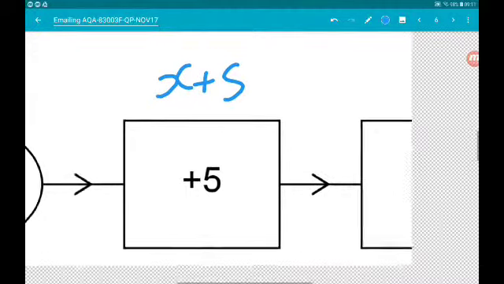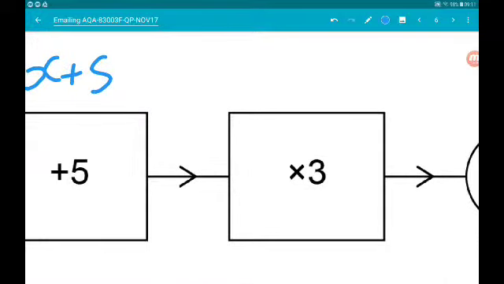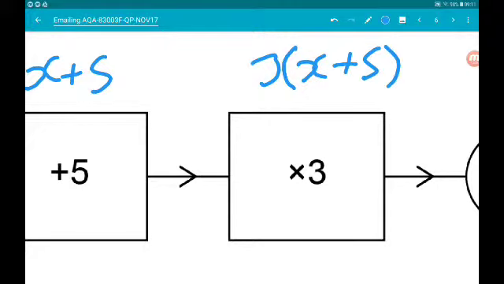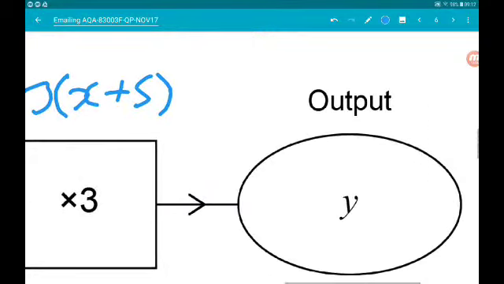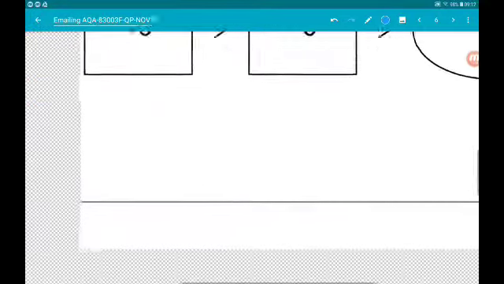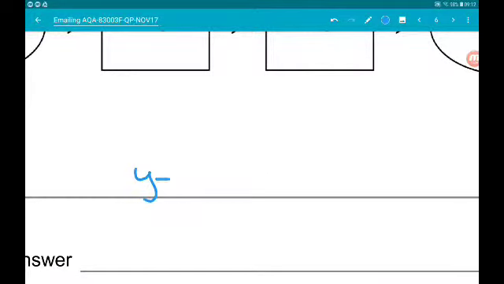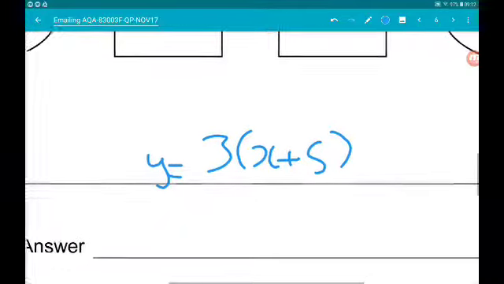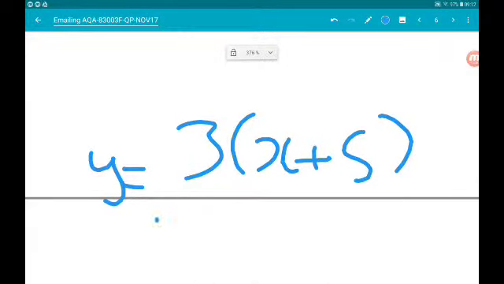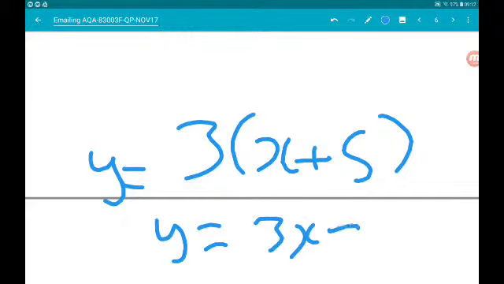Now to that, we now multiply by 3. So this gives us 3 times x add 5. Now that is y. So we can say that y is 3 lots of x add 5. Now we don't need to, but we could expand this, and it's good practice. So y is 3x add 15. Cool.